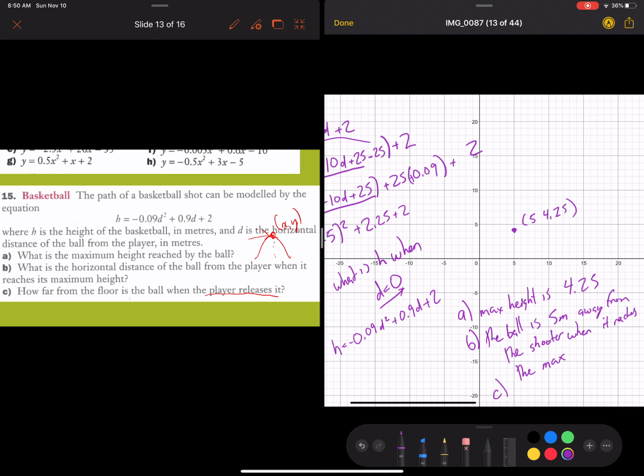If d equals 0, that doesn't matter. h equals 2. So the ball is 2 meters off the ground when it is shot. So my parabola is going to look something like this, a very compressed parabola. And that's my answer for A, B, and C.